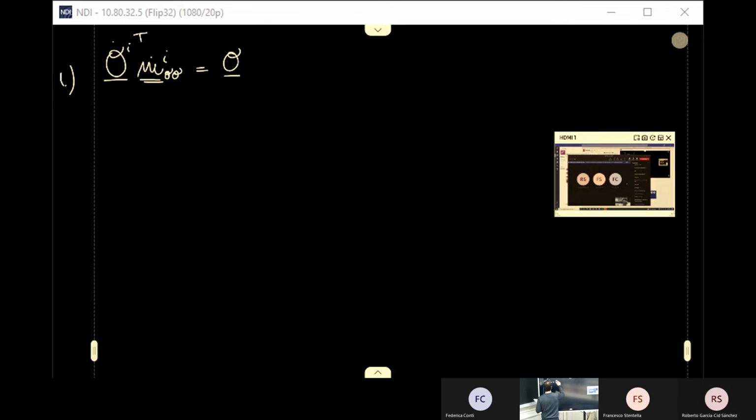Theta dot i transposed, then we adopt the previously seen expression for M_theta theta, which is G_i transposed, the one which resorts to the inertia tensor, times G_i, plus G dot.